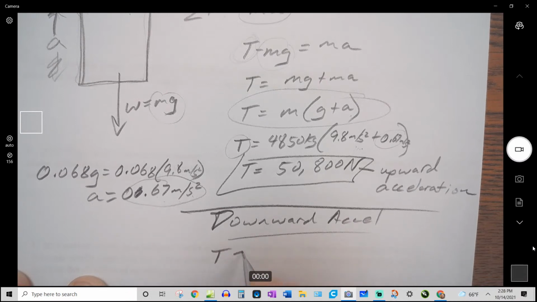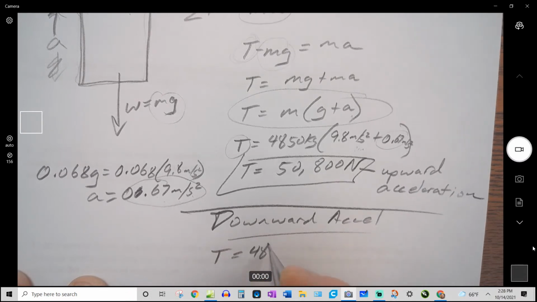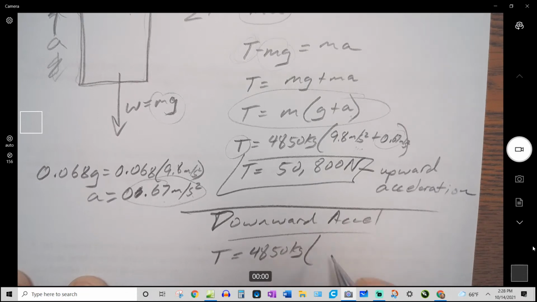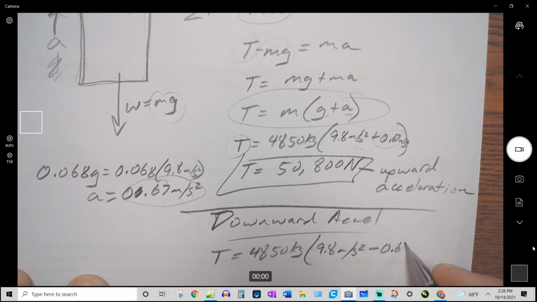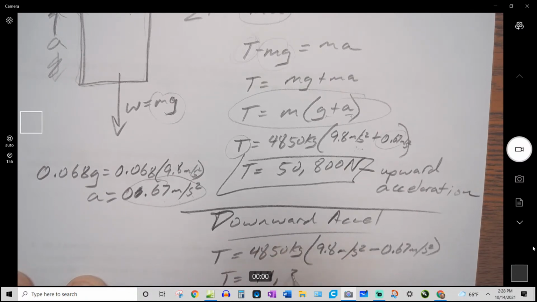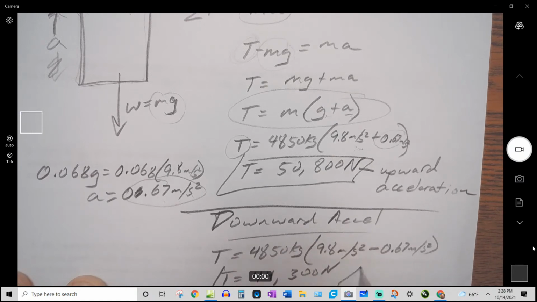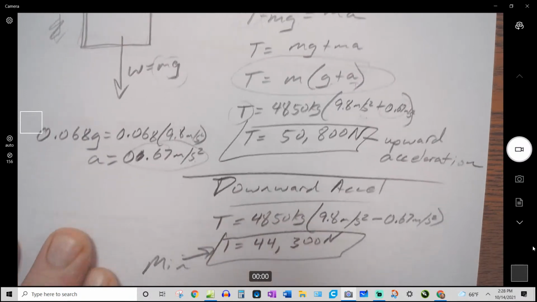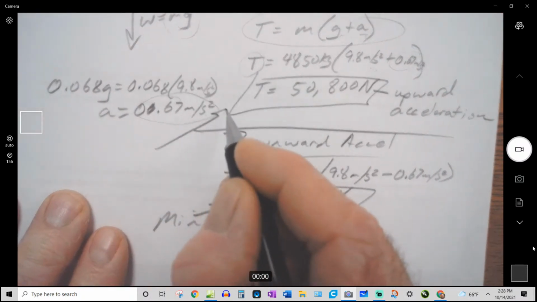So I have T equals the mass of the whole thing, 4850, times (g plus a). So in this case, it's going to be minus 0.67 because the acceleration is downward. And that's going to give me a smaller number. T is 44,300 newtons. So this would be the minimum, and this is the maximum.